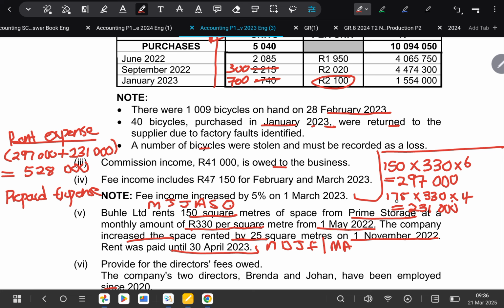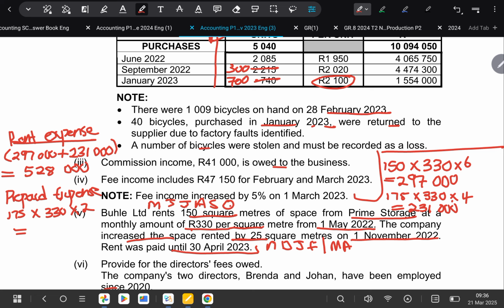That will apply at a time when it is 175 square meters that they are renting. So you'd say 175 multiplied by 330, then you multiply by those 2 months. It will give you the prepaid rent expense for those 2 months.